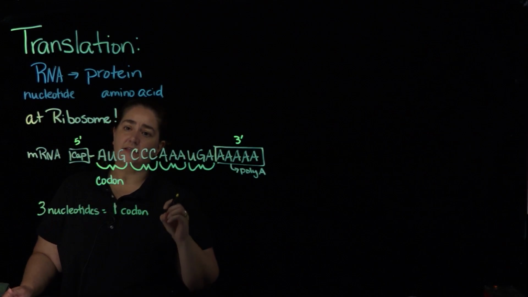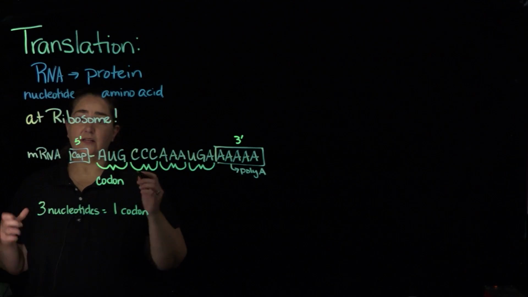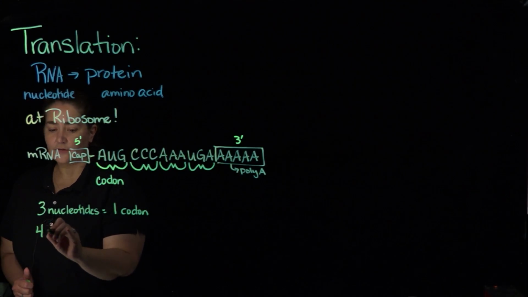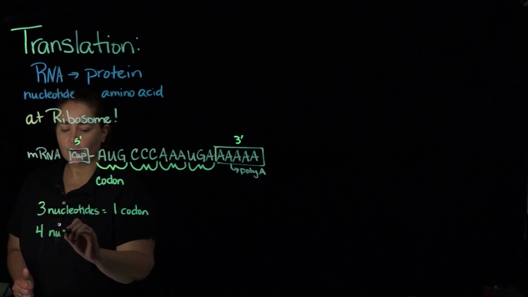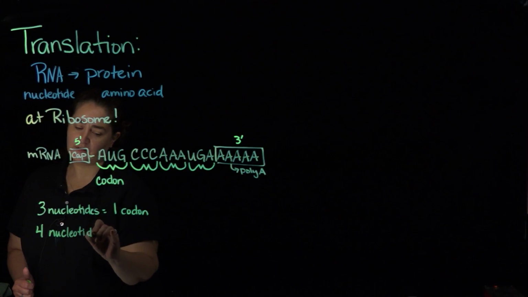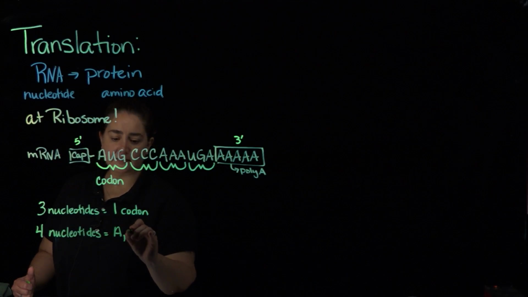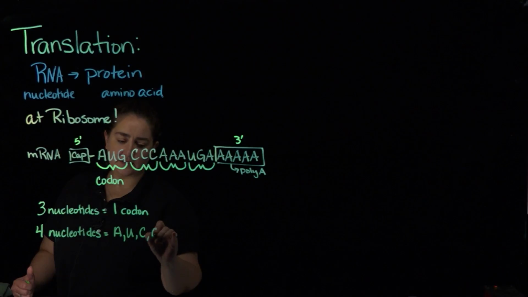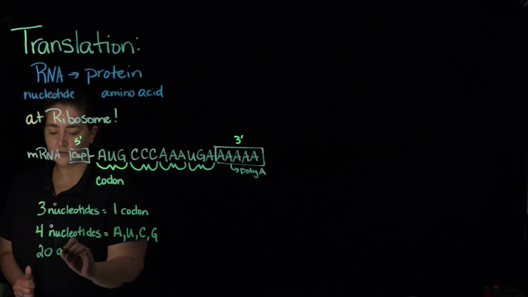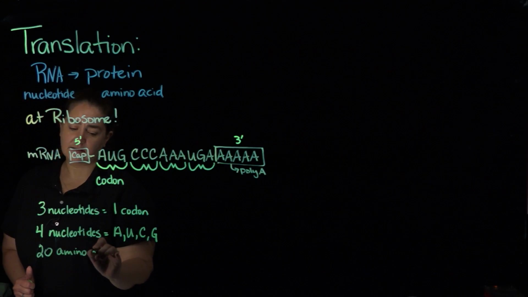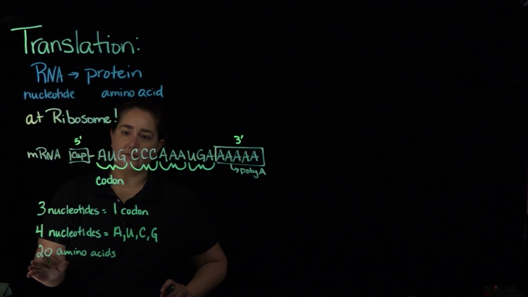And the reason that the genetic information has to be read this way is because we have 4, oops, that's not an E, we'll make that a U. We've got 4 nucleotides that make up RNA, right? We've got adenine, uracil, cytosine, and guanine, all right? But we have 20 amino acids, okay? 4 definitely does not equal 20, okay?